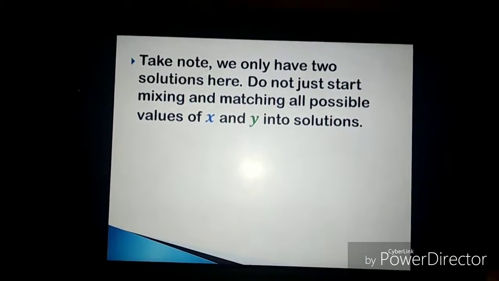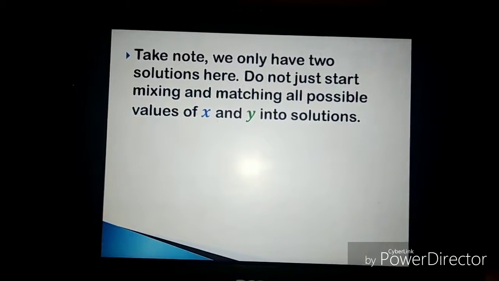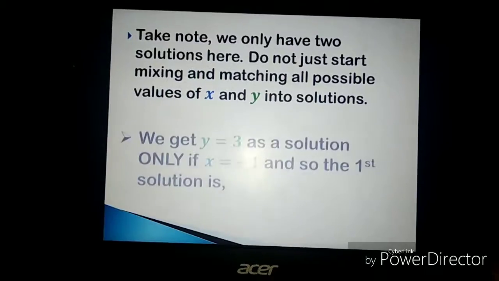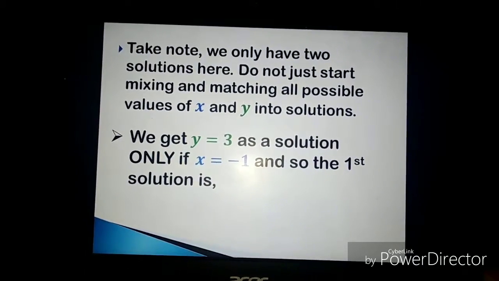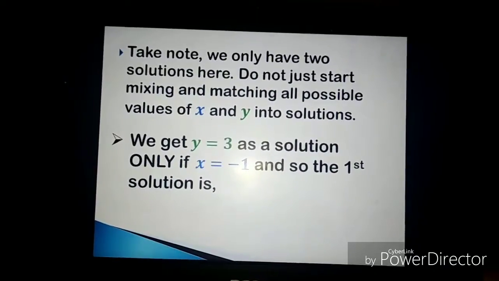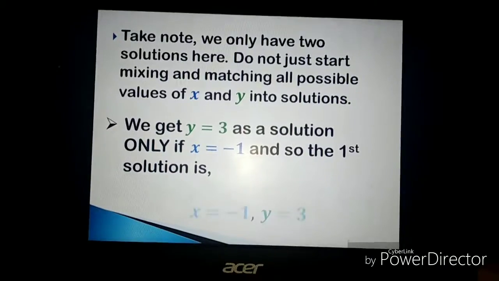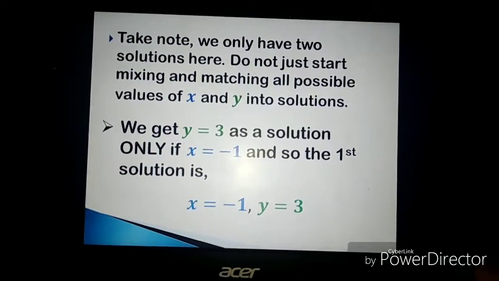Take note, we only have two solutions here. Do not just start mixing and matching all the possible values of x and y into solutions. We get y is equal to 3 as a solution only if x is equal to negative 1. And so the first solution is x is equal to negative 1 and y is equal to 3.